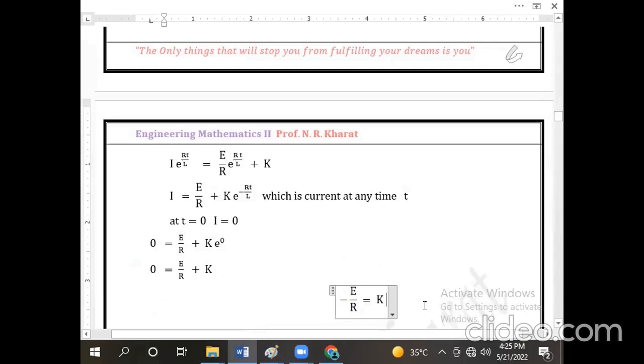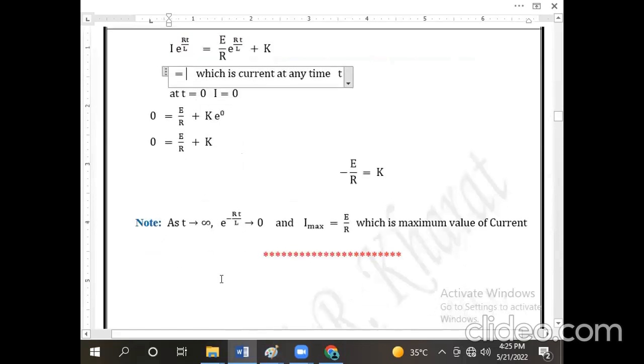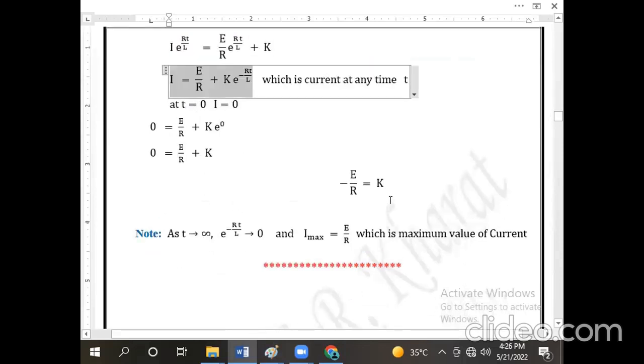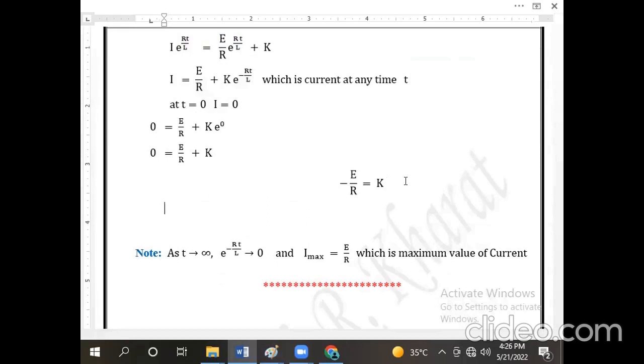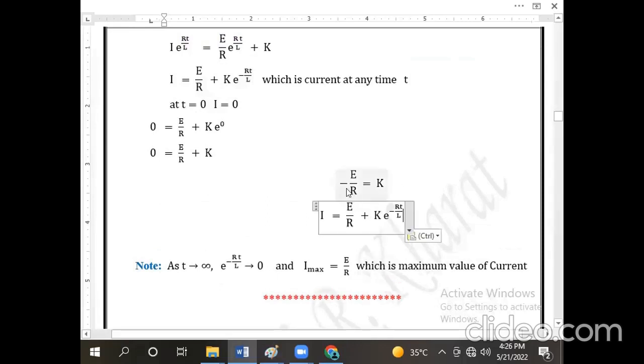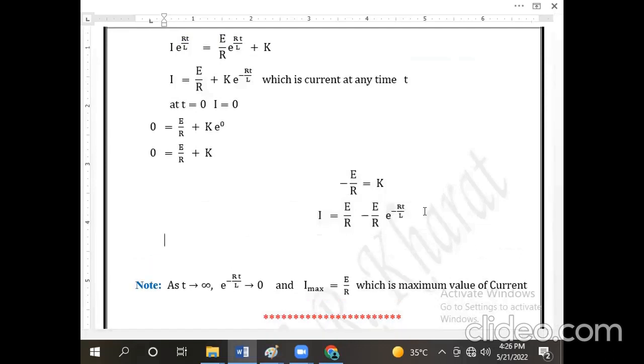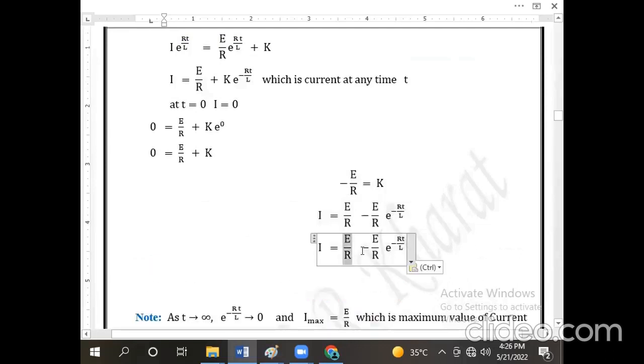So putting the value of your k in this equation, the value of your k is minus E upon R. We have to replace it here, and we get a general solution, that is the current at any time t, after just taking the common E upon R in this.